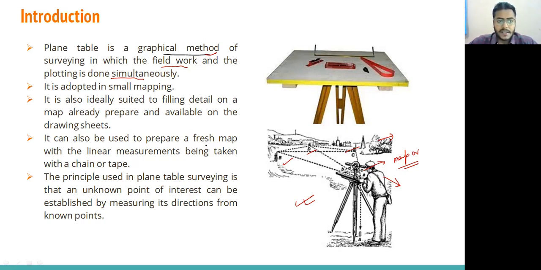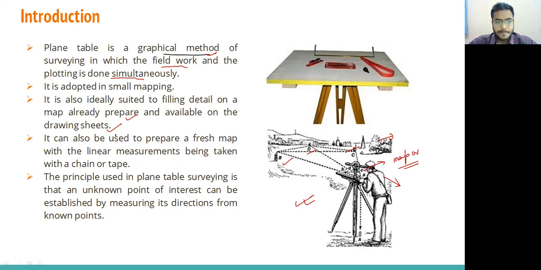It is also ideally suited for filling in details on a map already prepared and available on the drawing sheet. If drawing sheets are available, you can use plane table survey for filling in also. We can say plane table surveying is the easiest method of surveying.